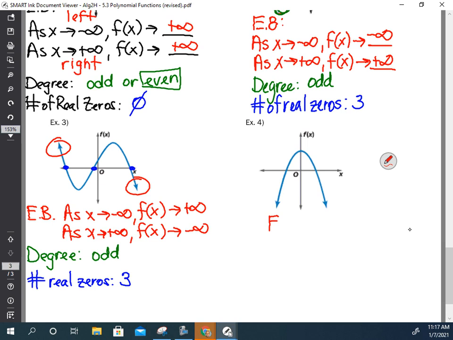Let's do the last one. If x goes to negative infinity, what is the graph doing on the left-hand side? And as x is on the right-hand side, what is the graph doing?